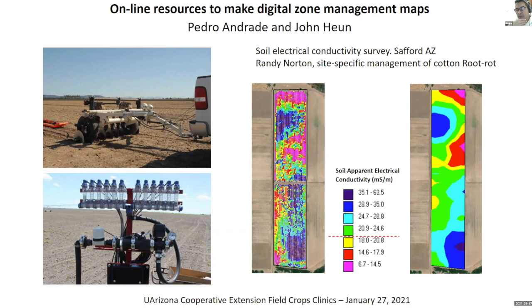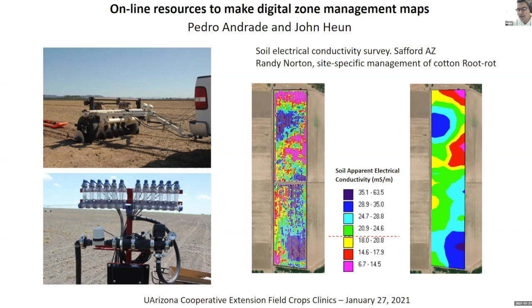From that map on the left, that is soil electrical conductivity, we then create a map on the right, in which we integrate that variation. At that point, it is very easy to determine that each zone or each color has a different rate. In the specific case of Randy, I put a red line there. Approximately, that is a threshold.